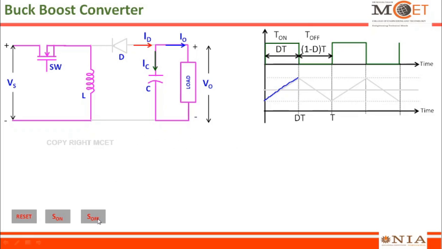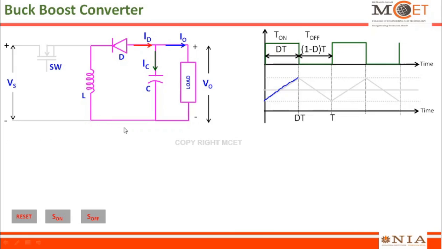Now you can see the equivalent circuit when the switch is in off condition. The energy which is stored in the inductor when the switch is on is now discharging. So the current will be circulating in the direction I am showing with my mouse. Very important, these indications of the current direction are the assumed directions.